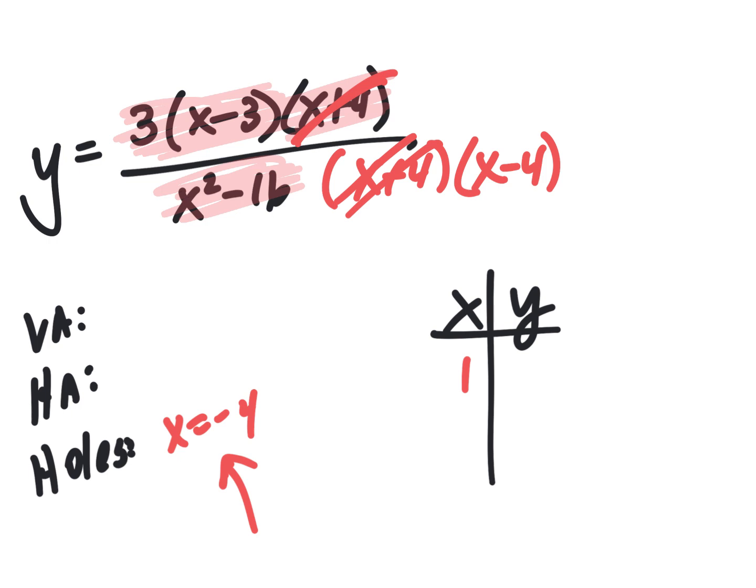Yes, it is the same on both. A lot of people think it's a bigger on the bottom, but no, you're right. It's the same on both. So what's the rule for that then? Very nice. Final answer. The ratio of lead coefficients, y equals 3. Yep, 3 over 1, which is 3. Good job. All right.